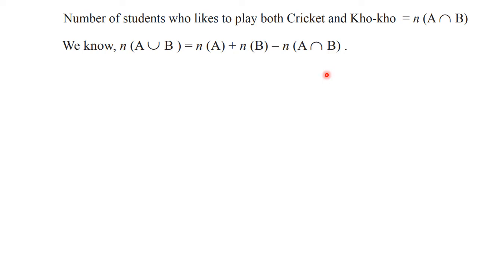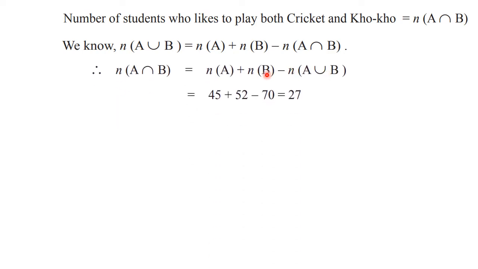Now the next thing is to substitute the values. See, the formula is converted: this particular term is shifted to the left hand side and this term to the right hand side. Don't get confused, it is only a change of place of these two. N of A union B is shifted here and N of A intersection B is shifted here.